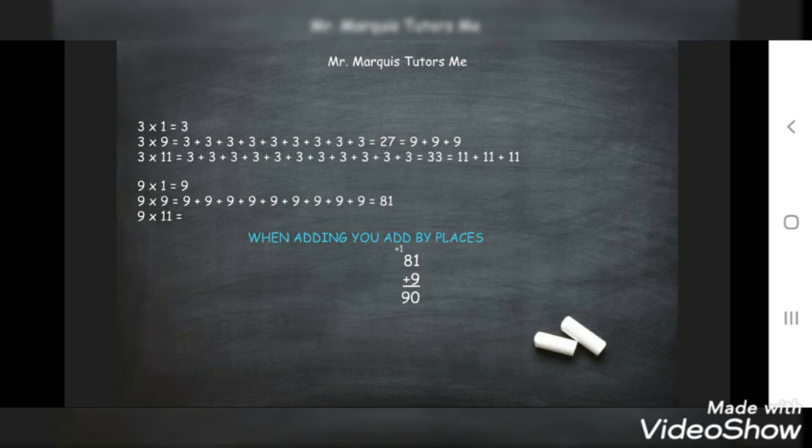So you have an 81, you add 9, and that'll give you 10 nines, which is 90. 10 nines is 90. So 11 nines, you just add another 9. 90 plus 9.